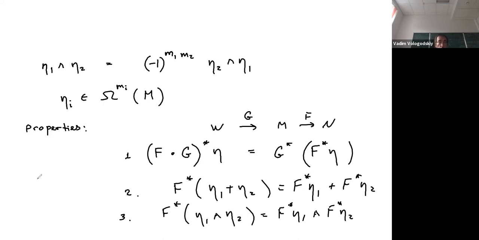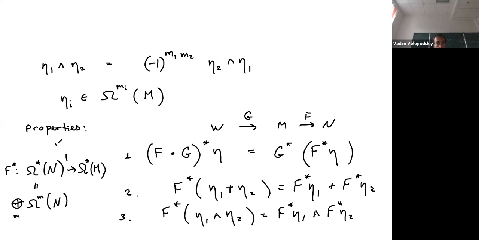In other words, this F star is a map from omega star of N, and I recall that star means that I take the direct sum of differential forms of all degrees, to omega star of M, and this is a map of algebras, where the algebra structure is given by the wedge product. Okay.